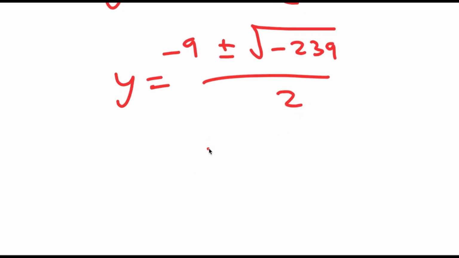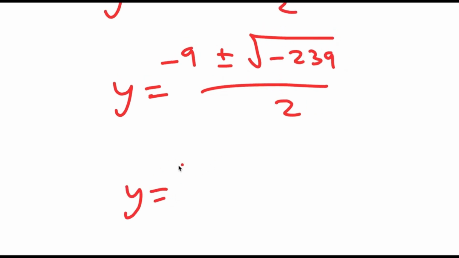Now, 239, what I'm going to do is simplify the square root of negative 239. So 239 is a prime number.